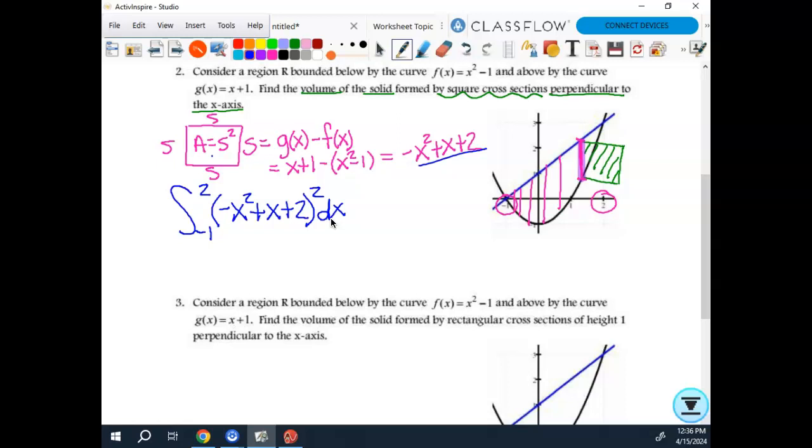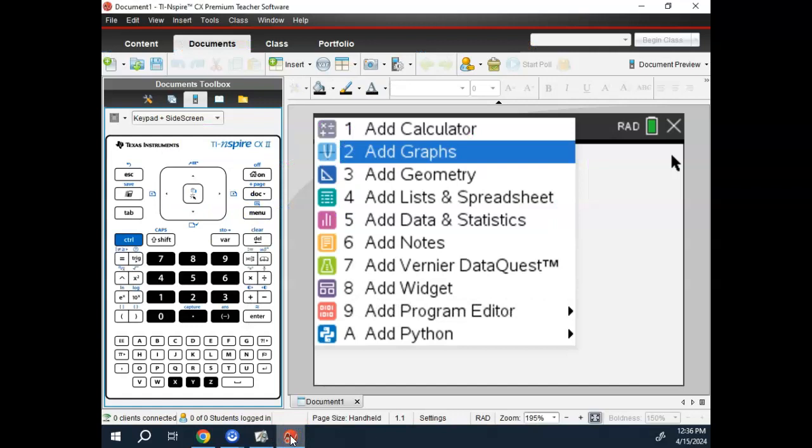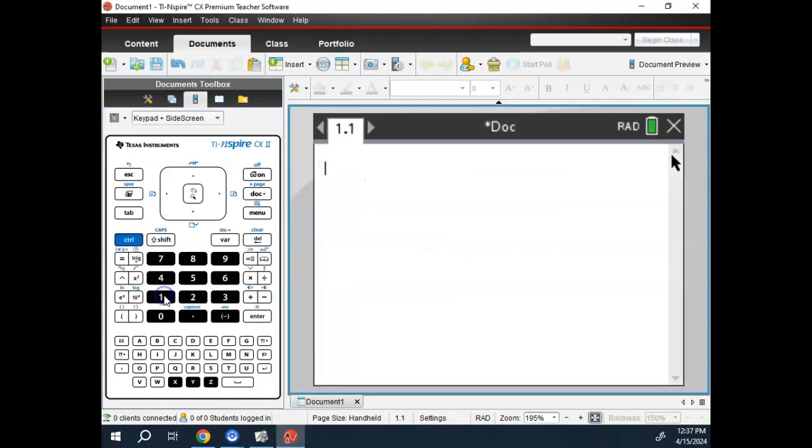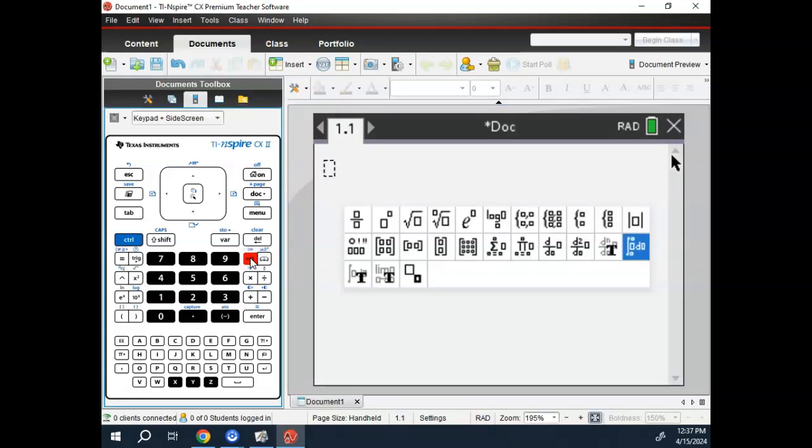Are we capable of doing that by hand? Yes. Is it any sort of chain rule type of thing? No. I would actually multiply it out and then integrate it if it was something like this, but we can use our calculator here. We don't necessarily need a graph. We can just add a calculator. And I've got this.